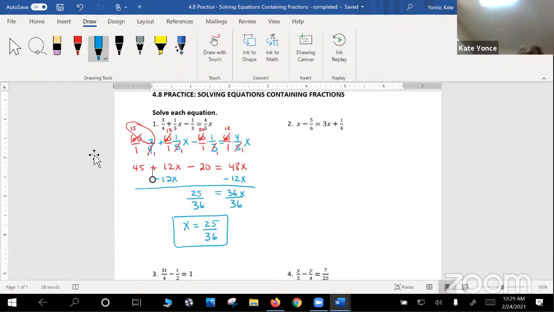Minus 10 equals 12 times 3x, which is 36x, times. Oh wait, this becomes 1. 3.